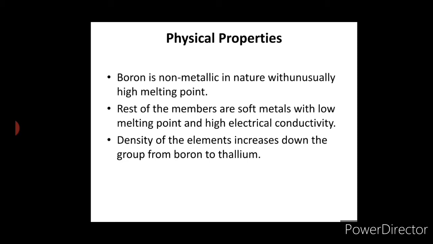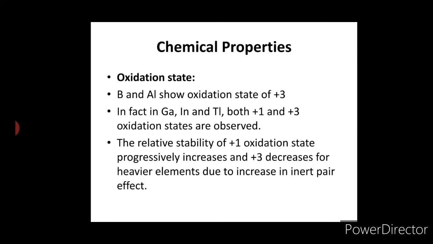Density of these elements increases down the group from boron to thallium, and it is due to the increase in mass that is more than the increase in the atomic volume. That is why the density of these elements increases down the group. Now the chemical properties. In chemical properties, first we come to the oxidation state.